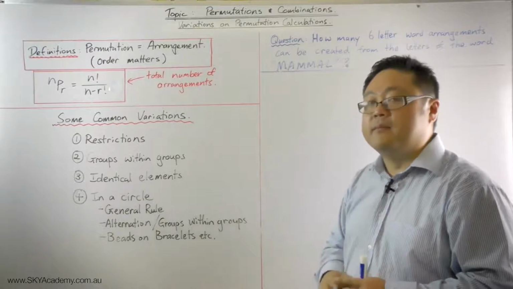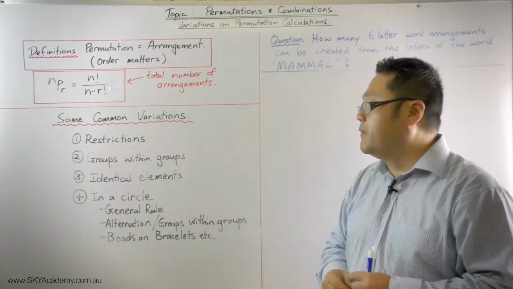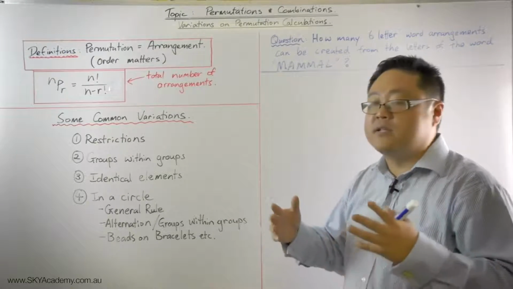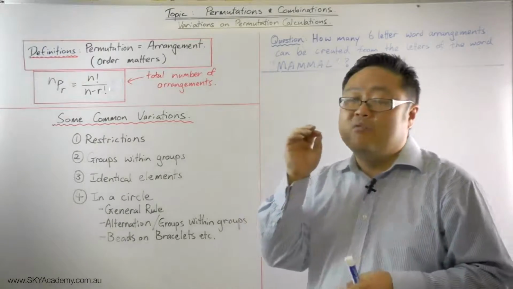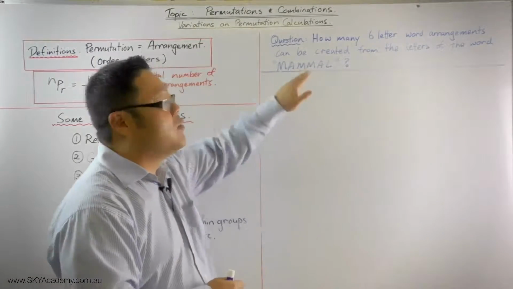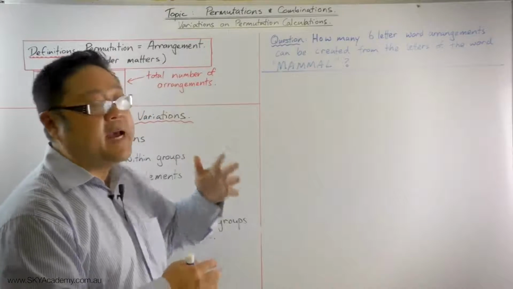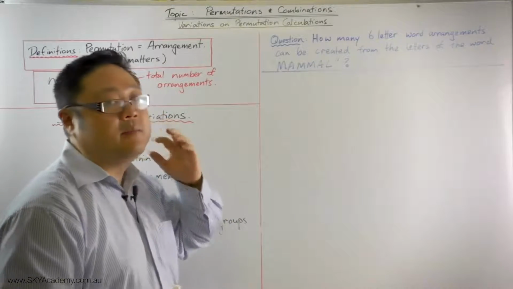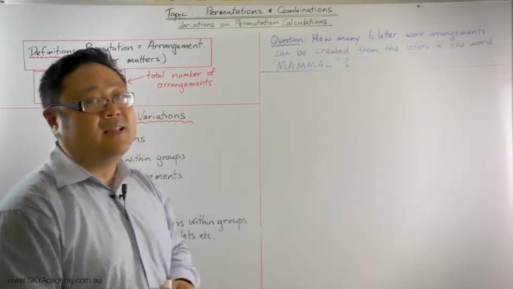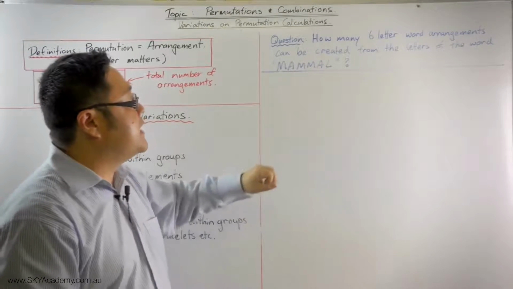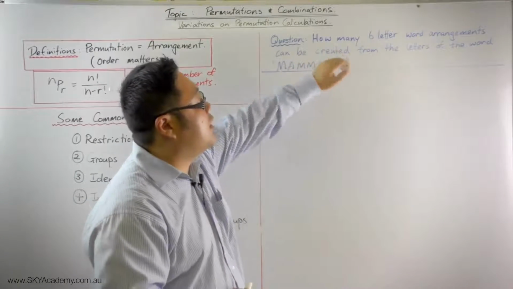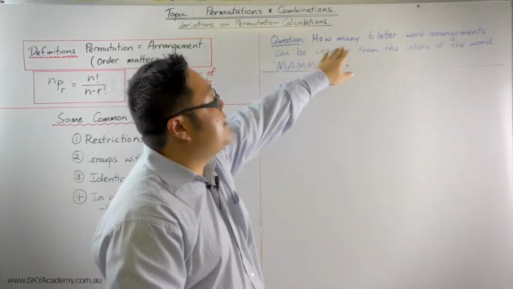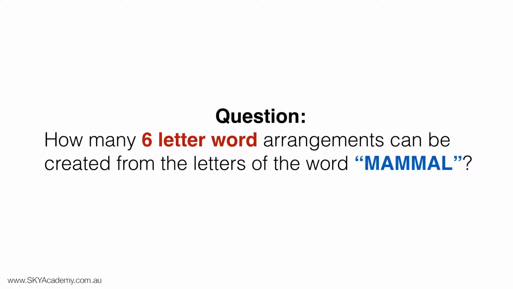Now, identical elements really, there are certain questions that you get, but a really common type of question is the one that I've got over here, right? Which basically outlines what identical elements are and how it actually causes a little bit of havoc when doing permutation type questions. And here we've got the question where it says this: how many 6-letter word arrangements can be created from the letters of the word MAMMAL, right?